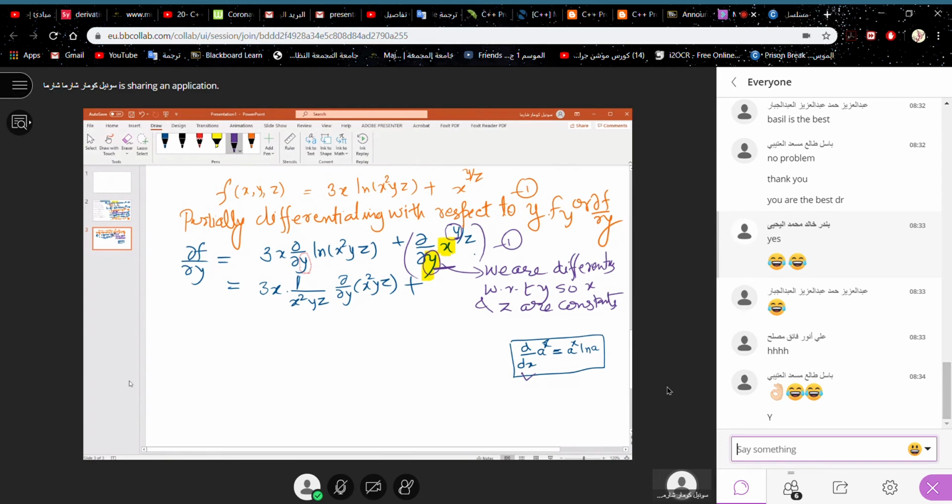So let phi equal x to the power y upon z. Okay, this is your phi. You know, if this y is not in the power, then we can handle it easily, right or wrong? This y is creating the problem because it is in the power.